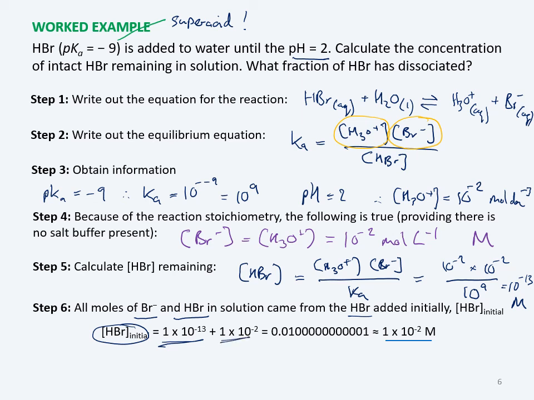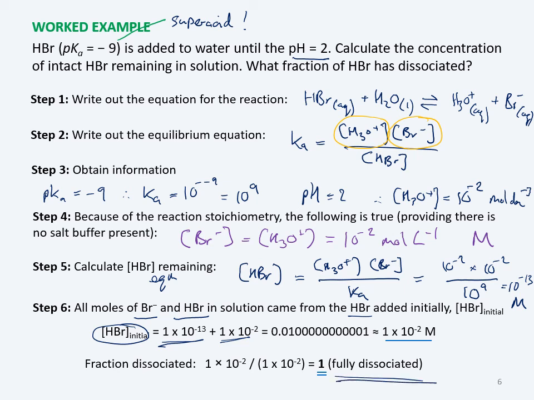The concentration of HBr we just calculated at equilibrium is 10 to the minus 13 molar. So the sum of these two is effectively 10 to the minus 2 molar, with quite a few zeros and a 1 right at the end, but this is the same as that, isn't it? So now we can calculate the fraction dissociated: 10 to the minus 2 divided by 10 to the minus 2 is equal to 1, and so that's fully dissociated.